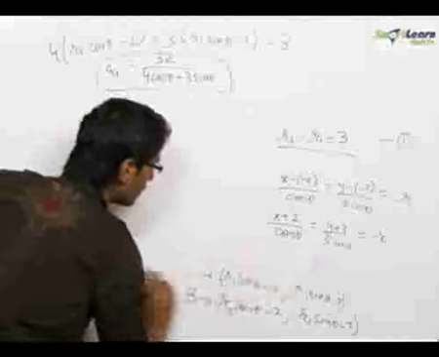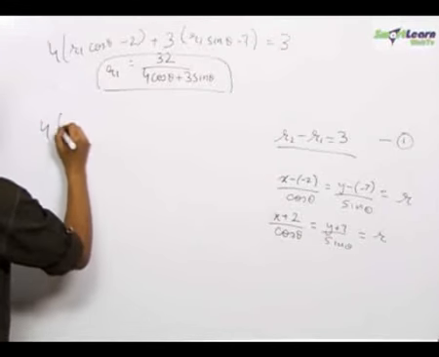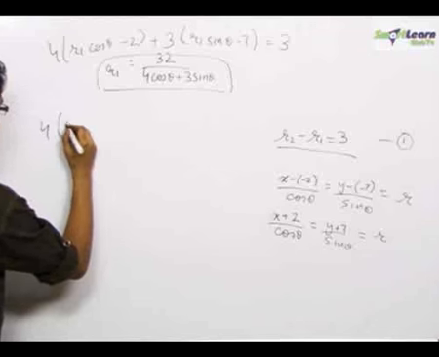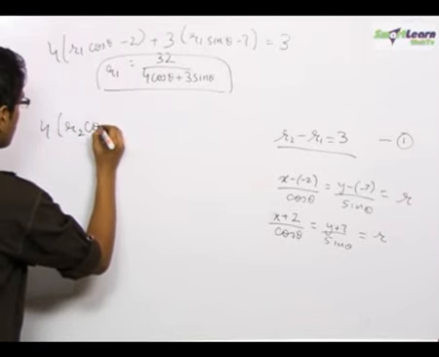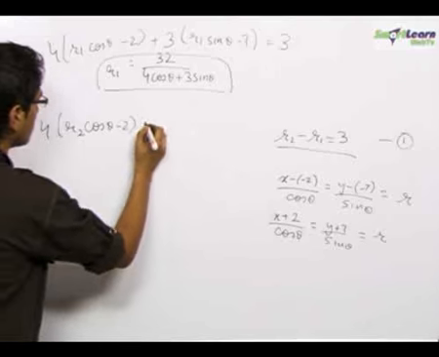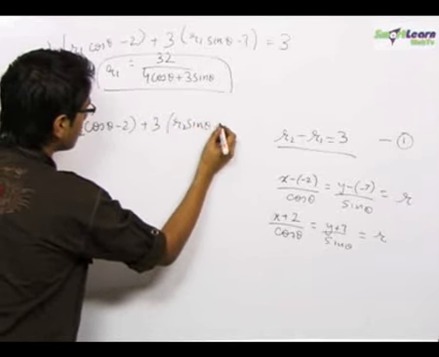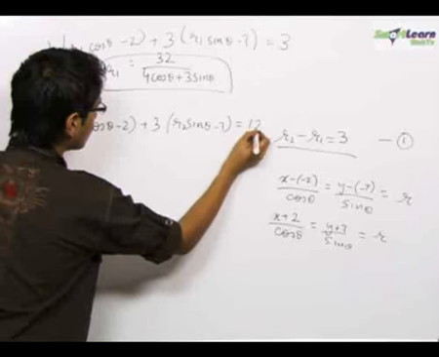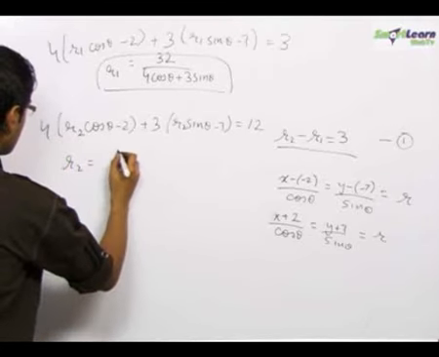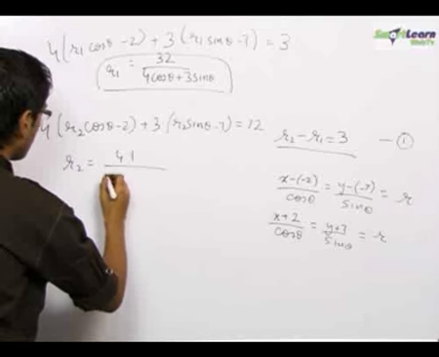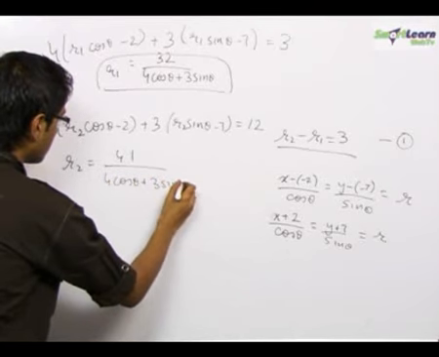Similarly, on putting the coordinates of B in the line L1, we get 4(r2 cos θ - 2) + 3(r2 sin θ - 7) = 12. So we get the value of r2 as 41/(4 cos θ + 3 sin θ).